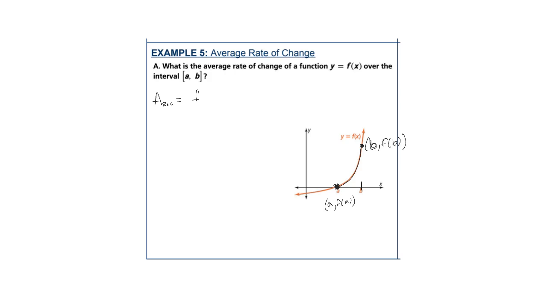It's going to be f of B, so our y value when we substitute B into the function, minus the y value when we substitute A into the function. And then it is over B minus A. So again, this is our y values, and this is our x values.